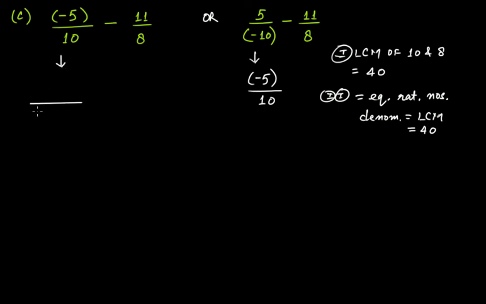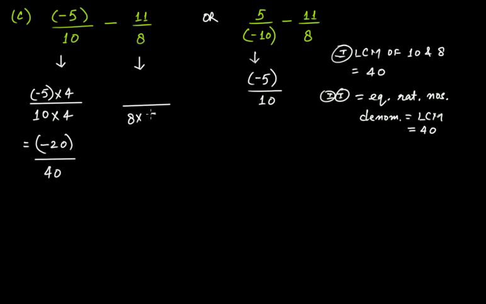What number should we multiply the denominator, that is 10, with such that the denominator comes as 40? Clearly with 4. So you have to multiply the numerator also with 4, and this gives you minus 20 over 40.